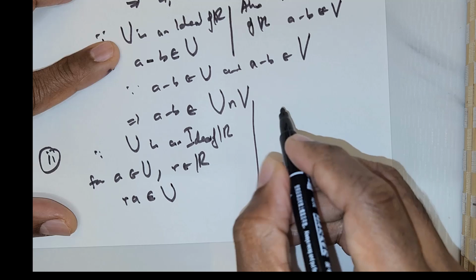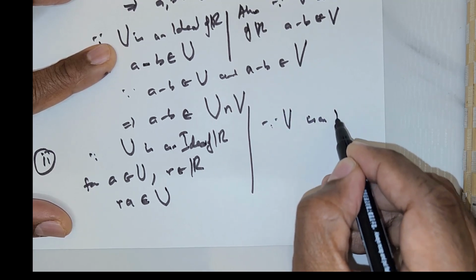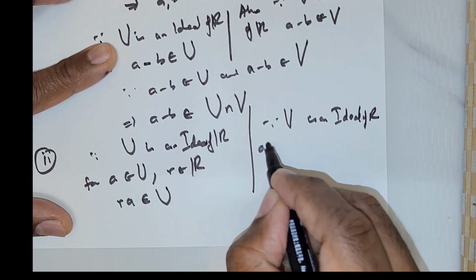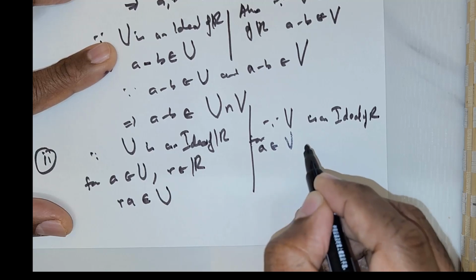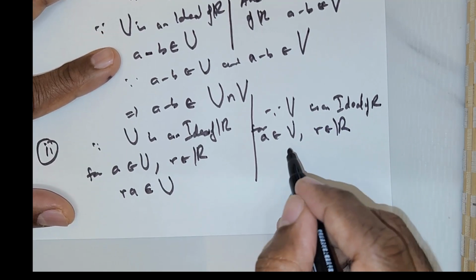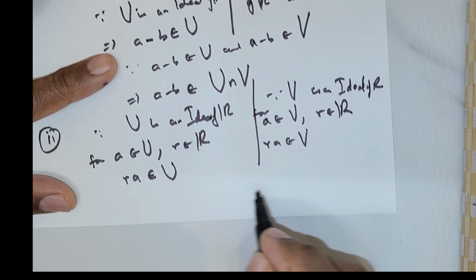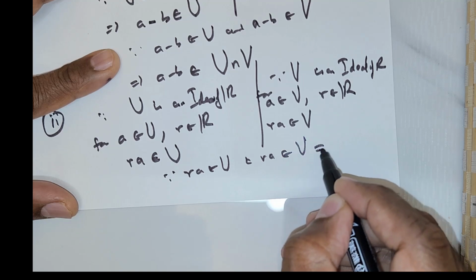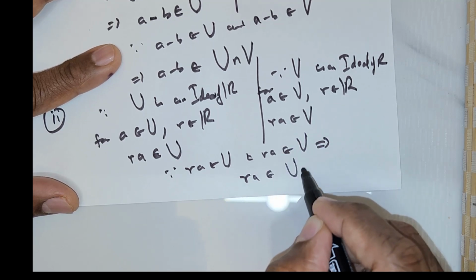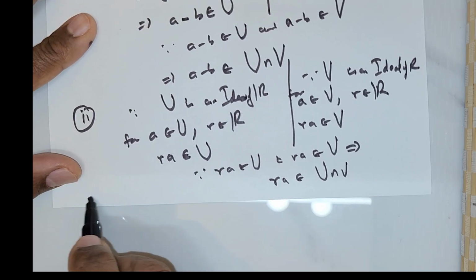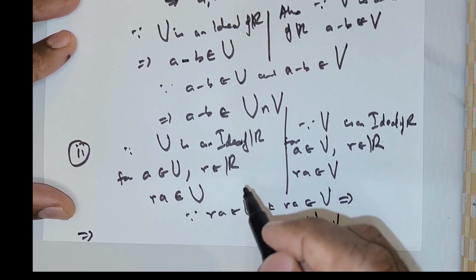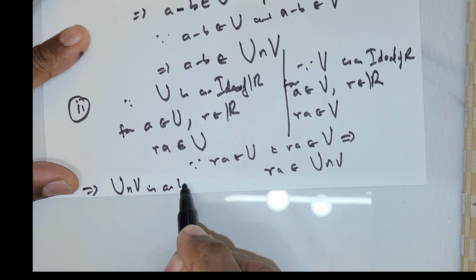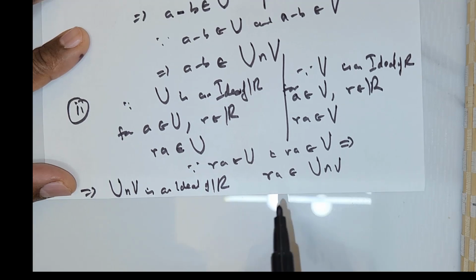Concurrently, since V is an ideal of R, for any a element of V and r element of R, r times a is going to be an element of V. Now since ra is an element of U and ra is an element of V, this means r times a is going to be an element of U intersecting V. So from the above two properties, U intersecting V is an ideal of R.